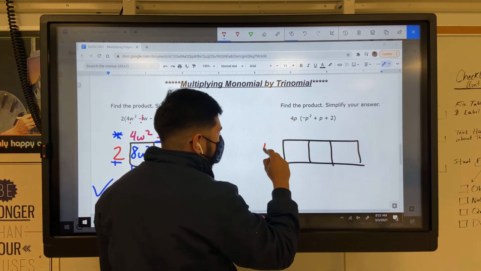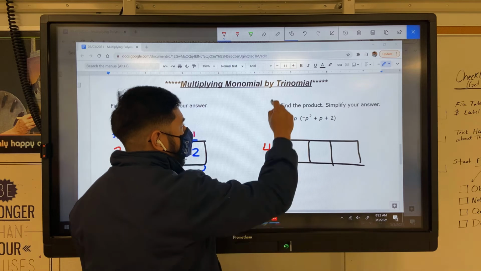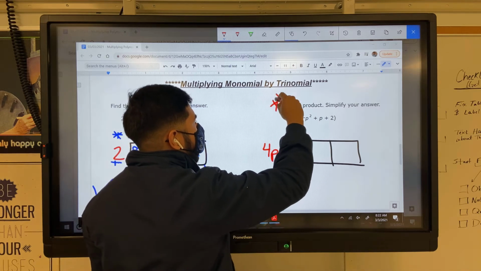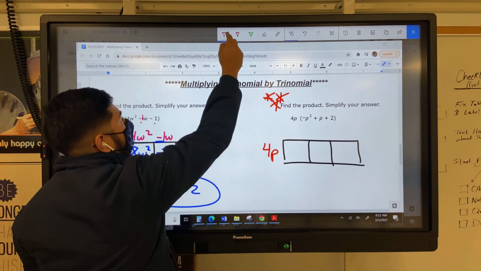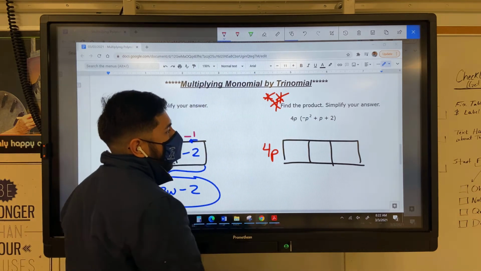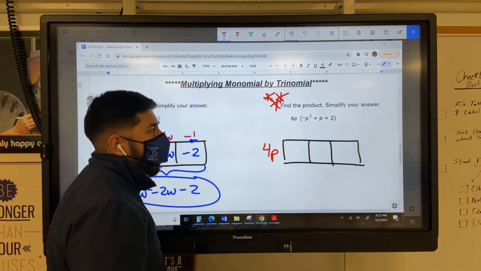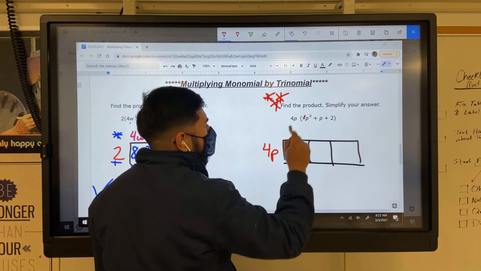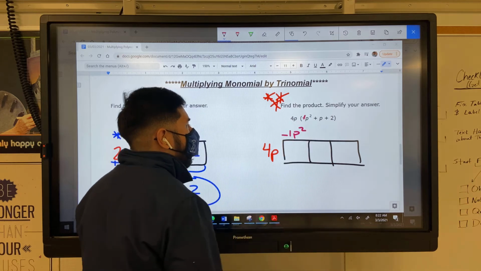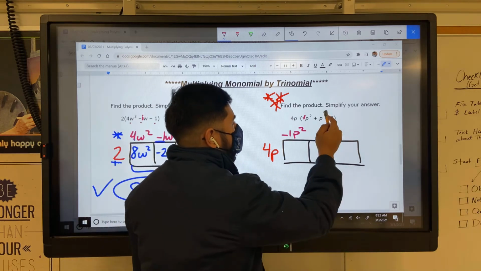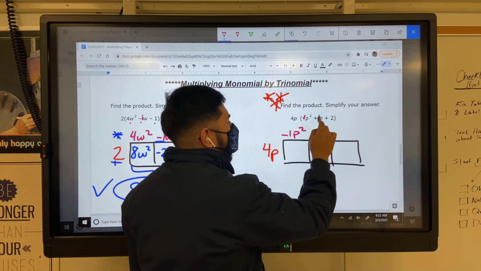Except right here, we do have a variable for p. Put a star, put multiple stars because this is with the variable. Up top, we're going to put negative p squared. Don't forget negative p squared is a negative 1, imaginary. Negative 1p squared. Right here, it's just a p, but don't forget that's also a 1, imaginary.